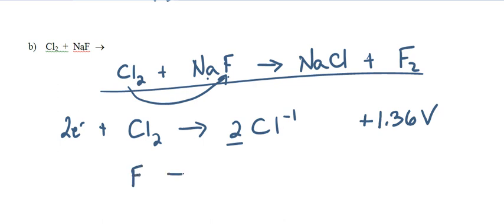So the fluorine negative goes to fluorine gas. Well, we need 2 of those. And if it has a negative charge, then that means that the fluorine is oxidized. Well, that can take place, but the question is, will that take place?